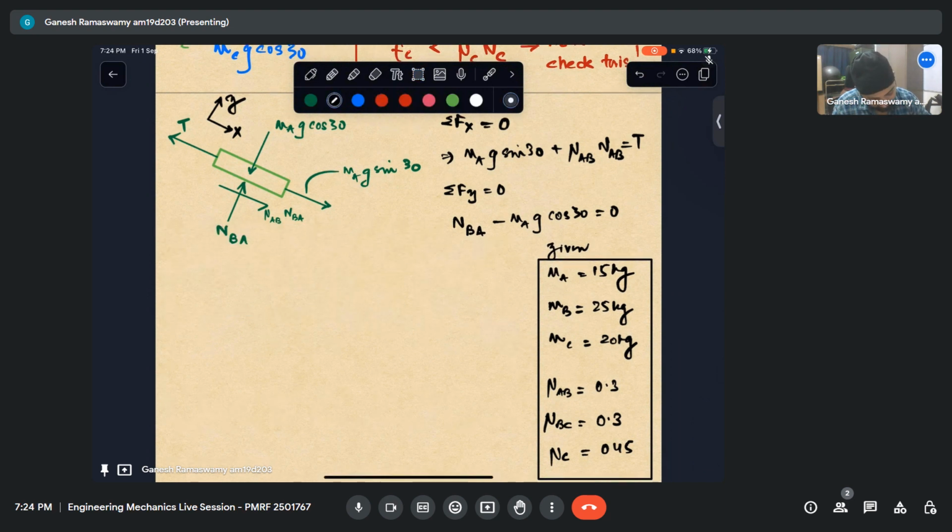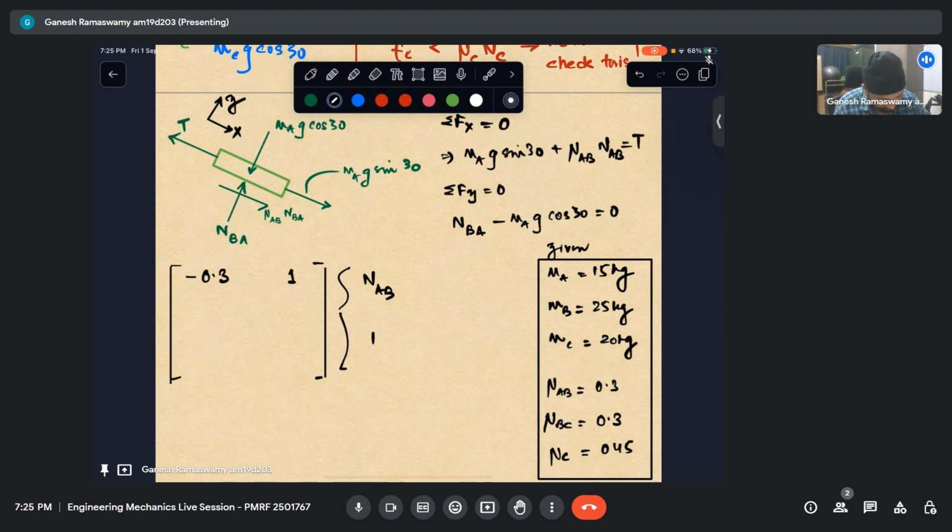So this will give us minus 0.3 1 into N_AB, T gives me 15g sin 30. So this is my first equation.